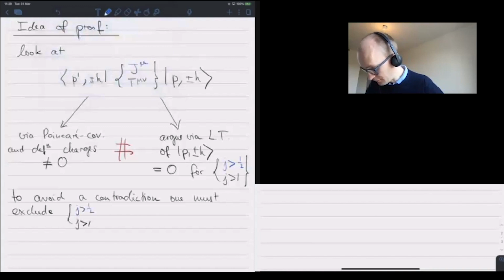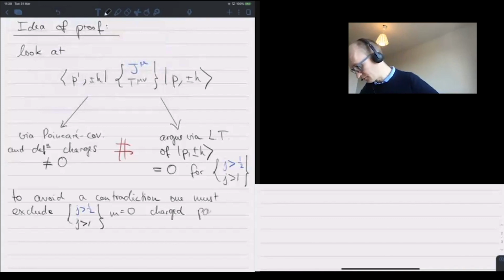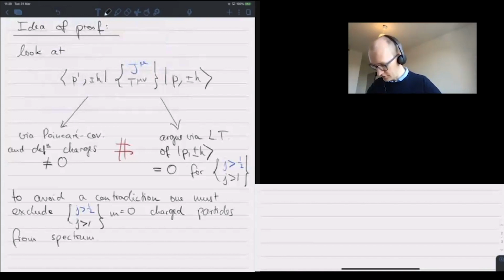massless and charged, in the sense that we discussed, particles from the spectrum of a consistent theory. Because then these theories do not contradict any of the deductions, any of the mathematical arguments that we're going to now illustrate.